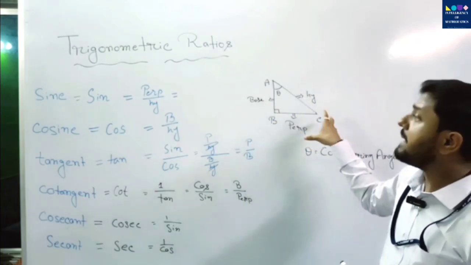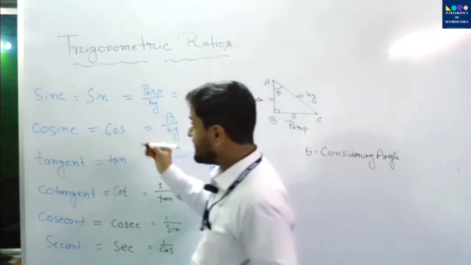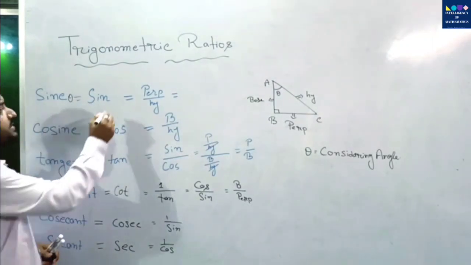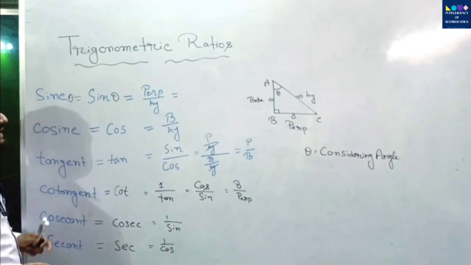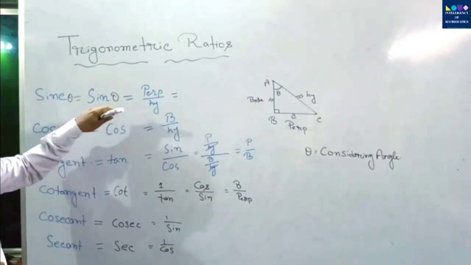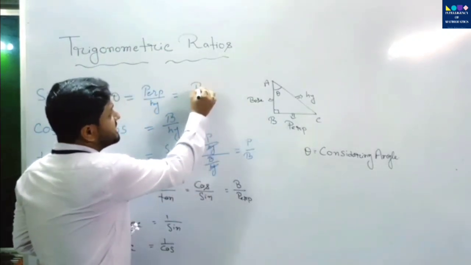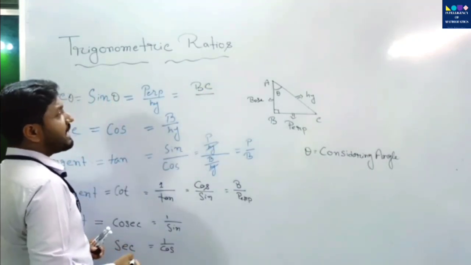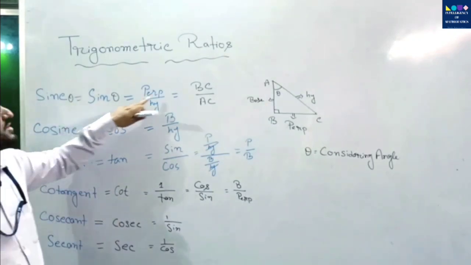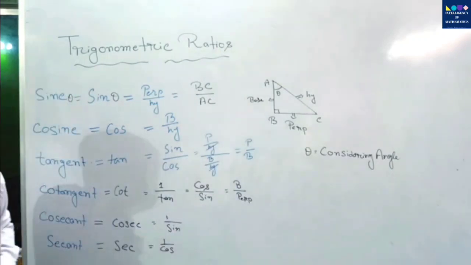If we apply this concept to the trigonometric ratio sine, I have to write theta here, so it will be known as sine theta. Sine theta is perpendicular by hypotenuse, and according to this triangle the perpendicular is BC and hypotenuse is AC. So sine theta is BC by AC according to this triangle.